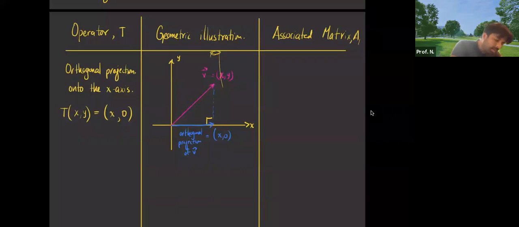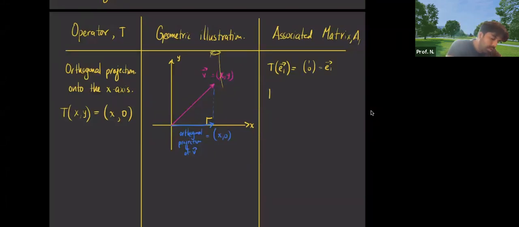And so then T of E1, what's T of E1? We'll take E1, this vector here, and project it onto the x-axis. It just becomes what? 1, 0. It's just itself. E1, when you apply this operation to it, gives me E1 again.